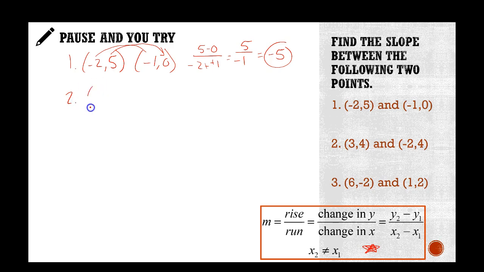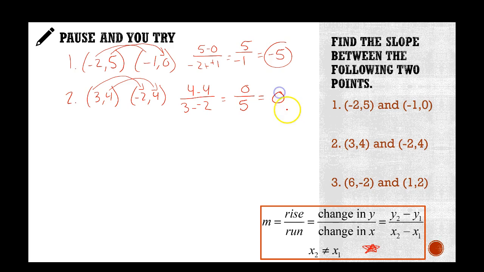The next one, (2, 3) and (4, -2)... so we got 4 minus 4 and 3 minus a negative 2, which would be 0 over 5 or 0.